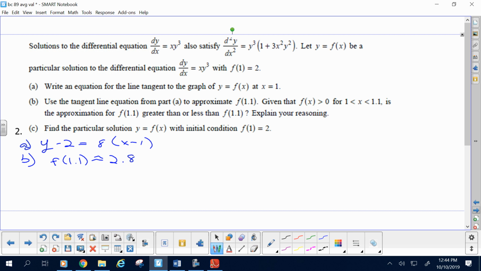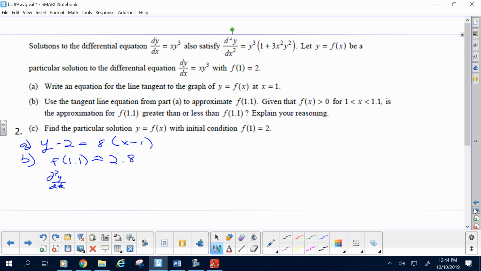Under. The estimate is, what does the question say? Is this approximation greater or less than f of 1.1? Less than what? Okay, so now the question is, did you say it well? Did you say something like the second derivative at or on the interval?